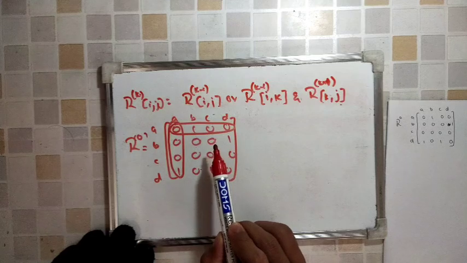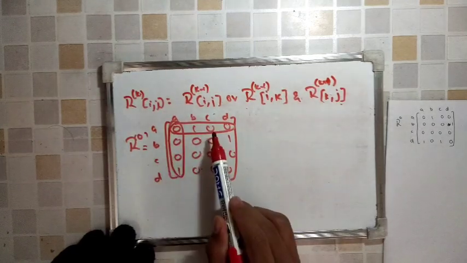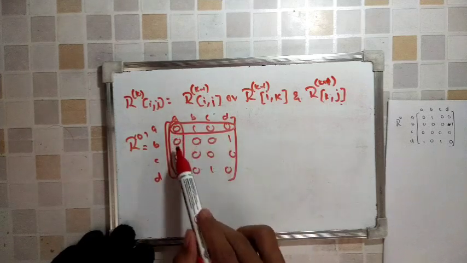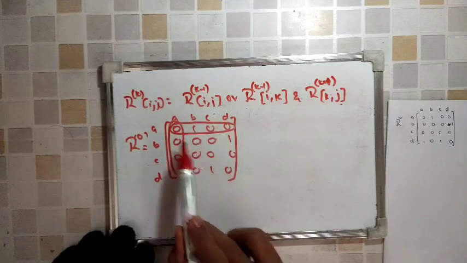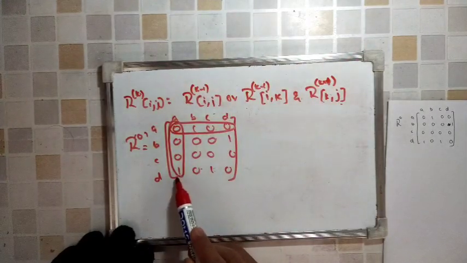Similarly, for B to C, B to A is anyway 0. If you consider all these, since it is 0, you won't get anything for this part. So let us see here, because here 1 is there, right?